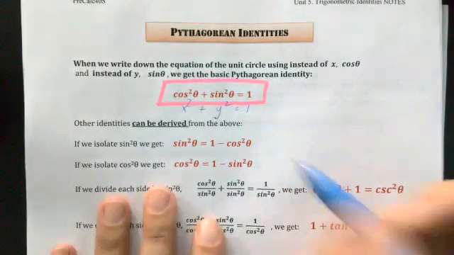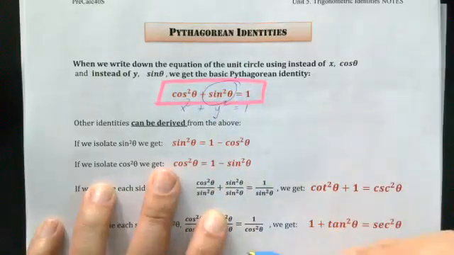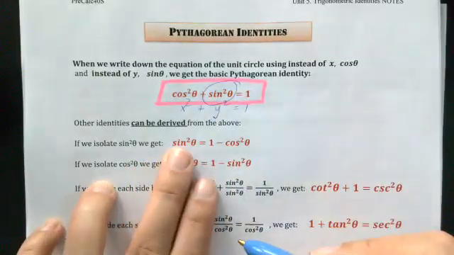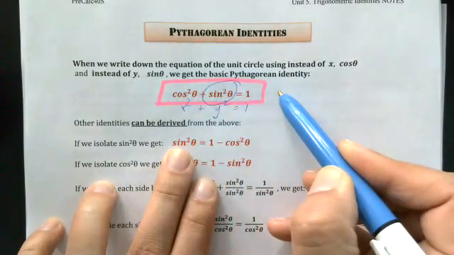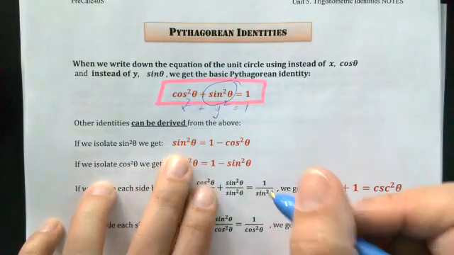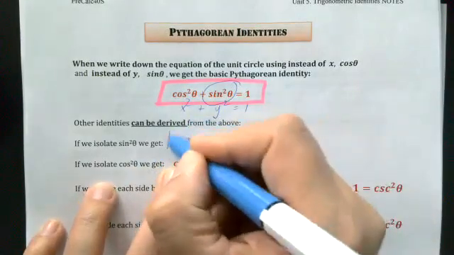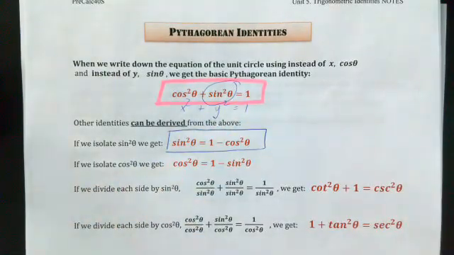So if I isolate the sine squared theta, so I focus on leaving sine squared theta on the left, then that means I have to move cosine squared theta to the other side, right? I'm going to get a new Pythagorean identity, if you like, that has sine squared on the left and 1 minus cosine squared theta on the right.